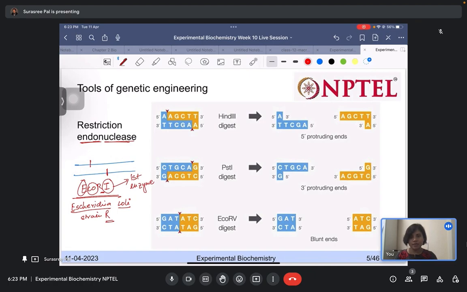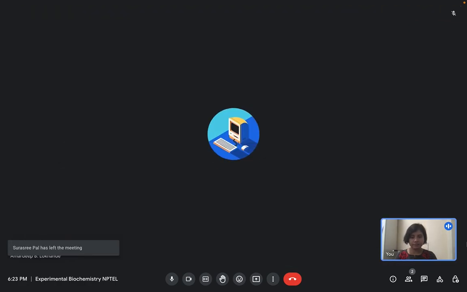So that is how the names of the restriction endonucleases are given. These restriction endonucleases are naturally present in bacterial cells, and from those bacterial cells, these enzymes can be isolated.